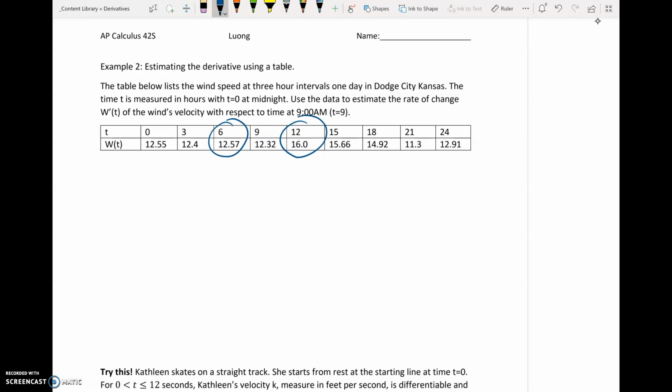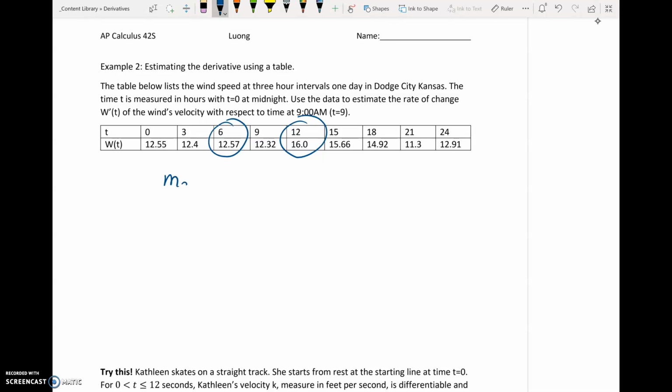If we use 9, well, 9 is just a point, and I want to find the slope at that point. So the best way for us to do that is probably just find the symmetric difference around 9, which would be using 12 and 6.